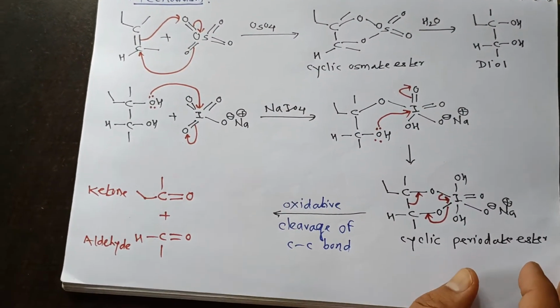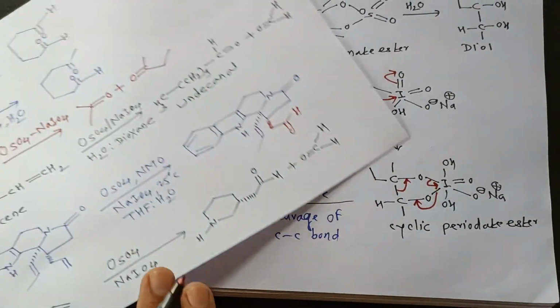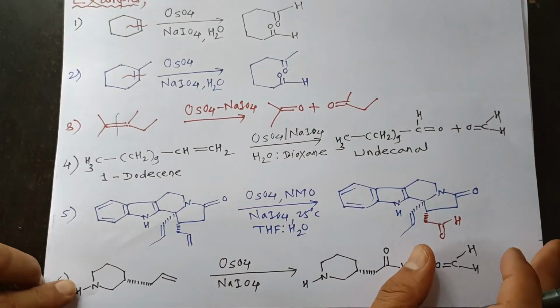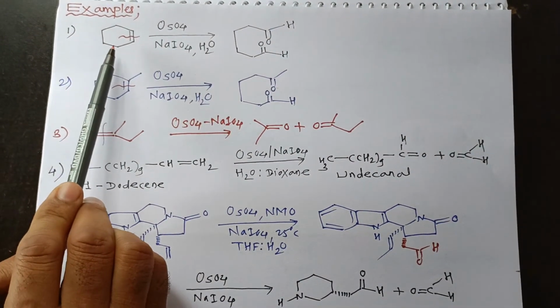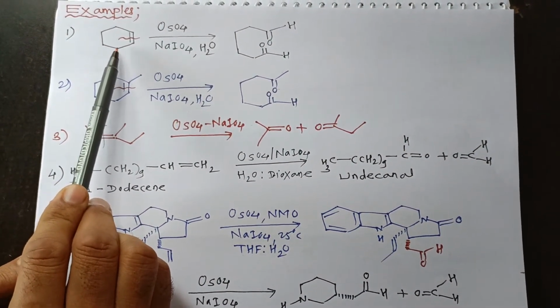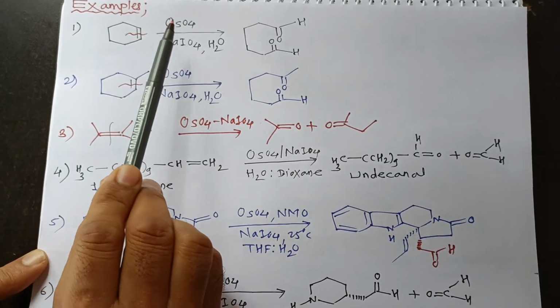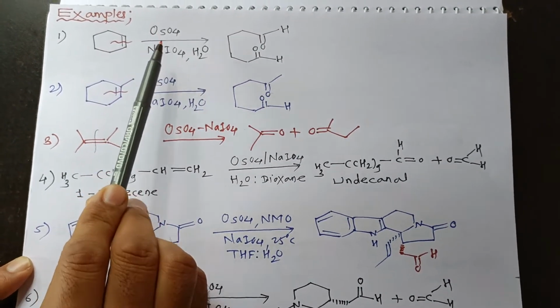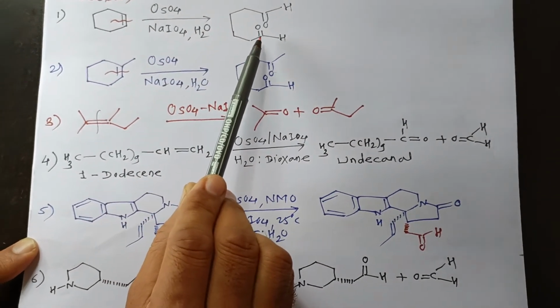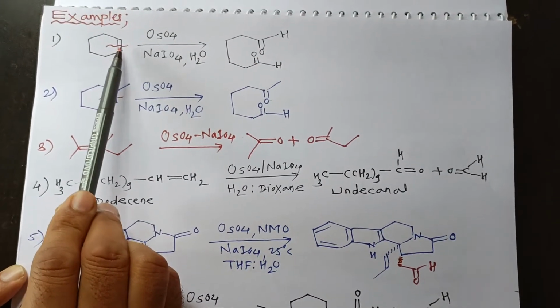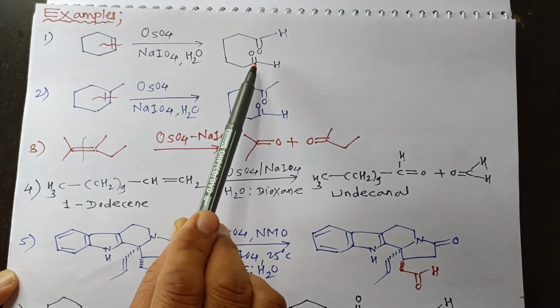Now we will see some examples of this reagent. Look at the first example here. Cyclohexene undergoes oxidative cleavage with osmium tetroxide and NaIO4 in water and forms this type of dialdehyde. So this bond undergoes cleavage into the corresponding aldehyde.